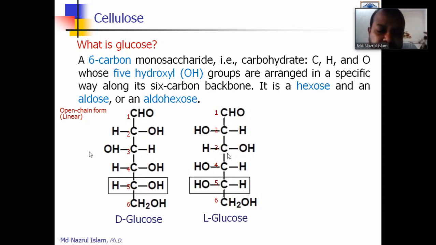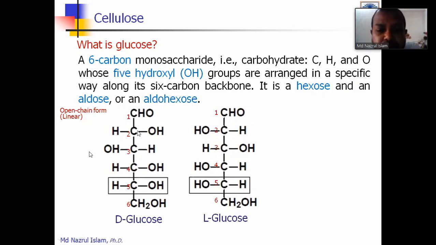If you look at the 2 figures below, you will see both are C6H12O6. However, the orientation is different. The position of the hydroxyl functional group is different. At carbon 1, the CHO is the same; carbon 1 is the same for both.